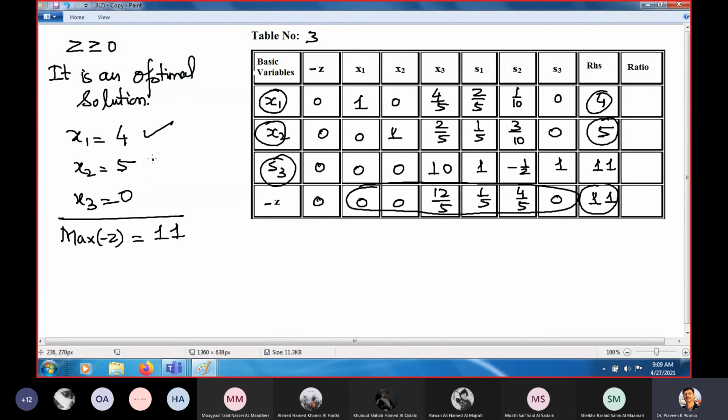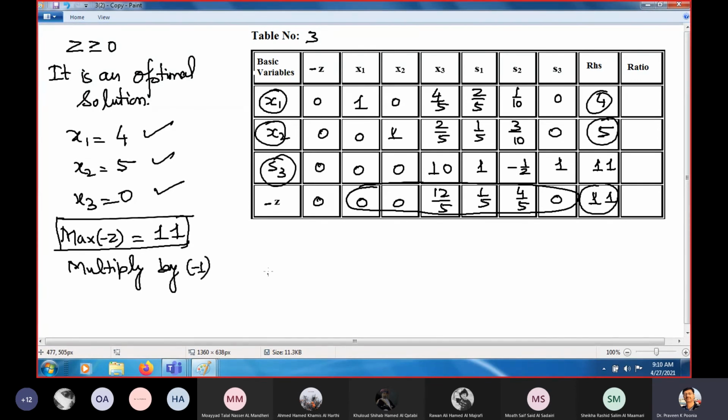Now, this is okay, this is okay, but this is not okay because we were not asked to find the maximum value. We were asked to find the minimum value. And how can you get it? You need to change minus Z into Z again by multiplying by minus.